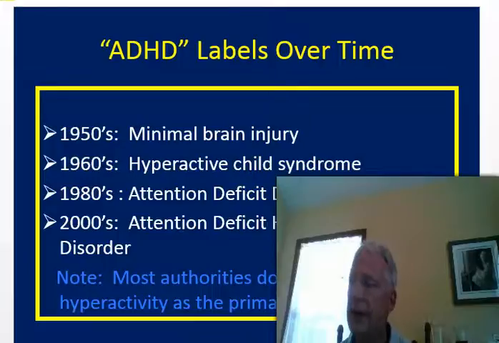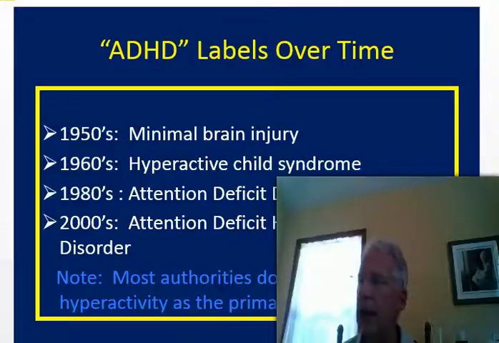When we get into the 1960s, ADHD was referred to as hyperactive child syndrome. So someone who had what we call today ADHD, we called that child hyperactive, and that's still a term that's actively used today. And then in the 1980s, we have ADD, attention deficit disorder, and now we realize that there are really two conditions that relate, attention deficit hyperactivity disorder.